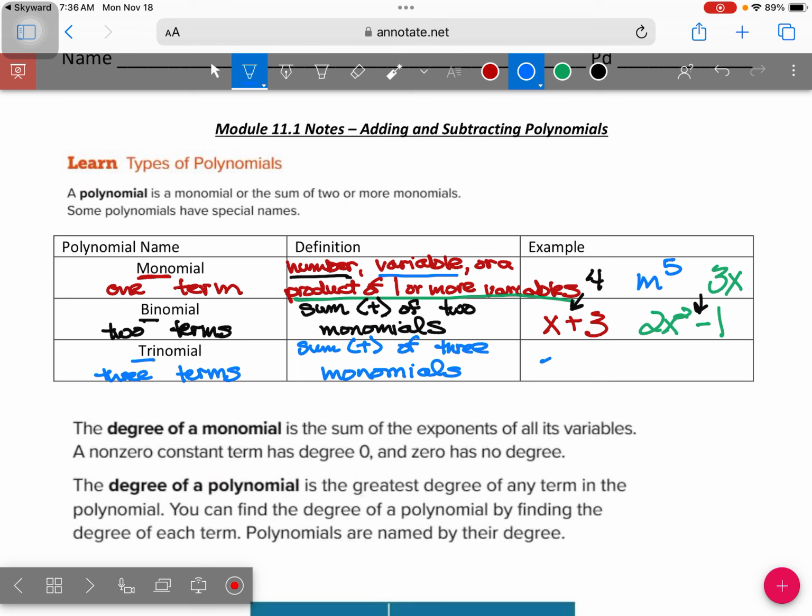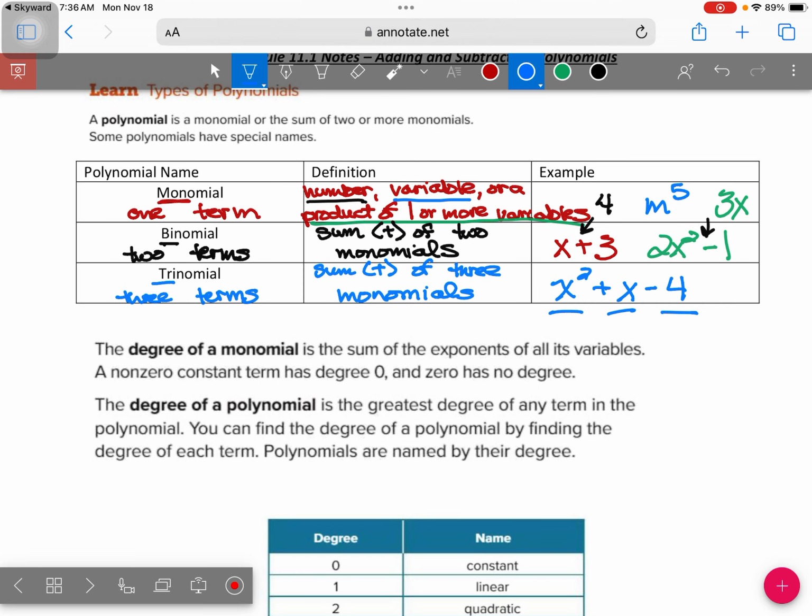So for example, x squared plus x minus 4. There are 3 terms and they're separated by addition or subtraction. Any question about monomial, binomial, trinomial?